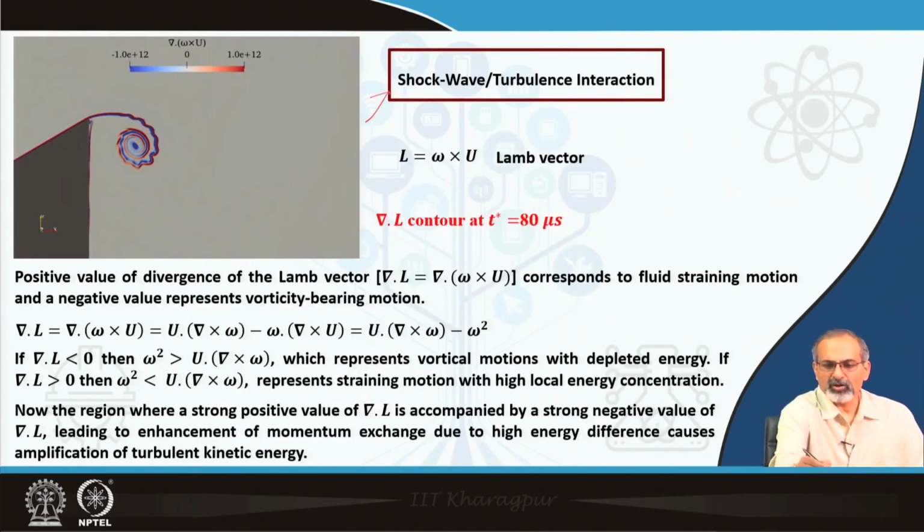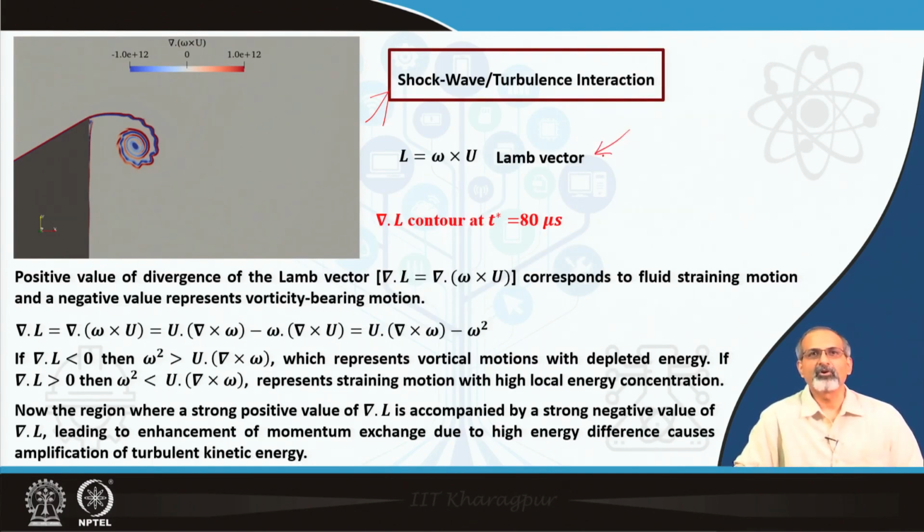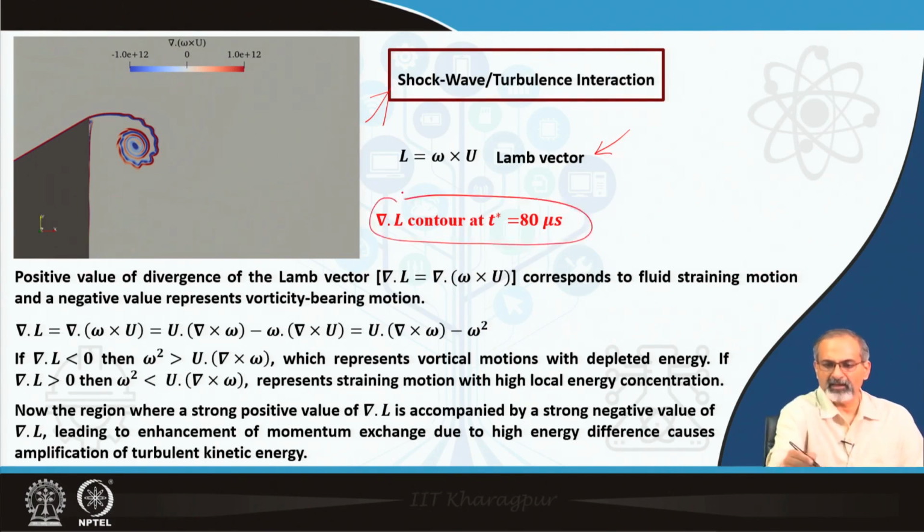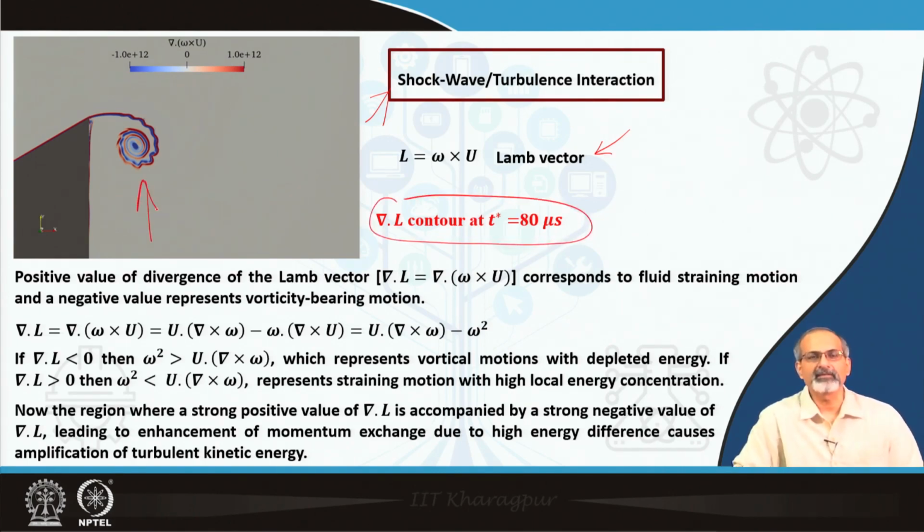When it comes to shock turbulence interaction, we found that there is a vector which we call the Lamb vector, which is basically the cross product of the omega and u terms. If you take a divergence of that Lamb vector, it shows up in a form like this at about 80 microseconds.